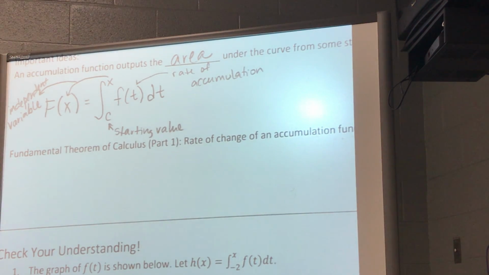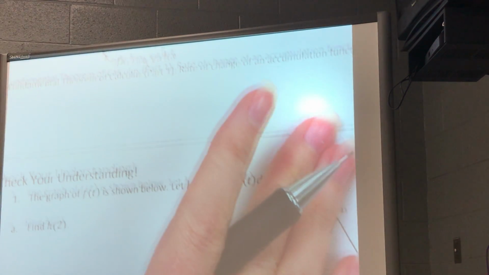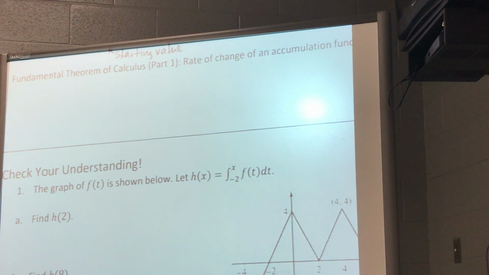Alright. And that leads us straight into the fundamental theorem of calculus, the first part. There's two fundamental theorems of calculus. So this is the rate of change of an accumulation function. So when you guys hear rate of change in a calculus class, what do you think? The slope, that's what you think in the algebra class.